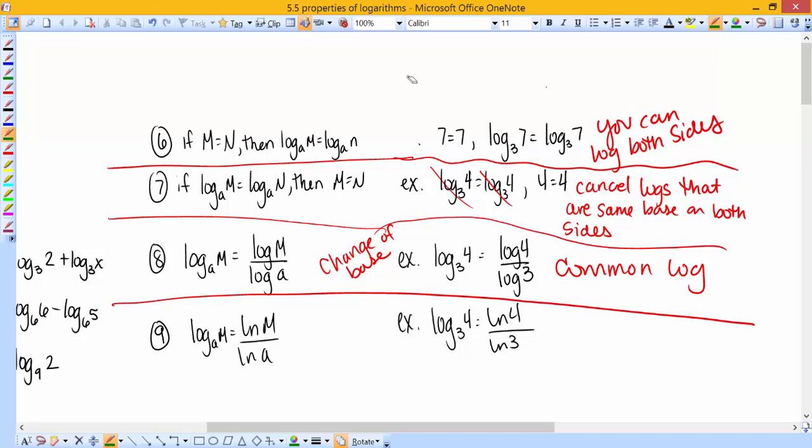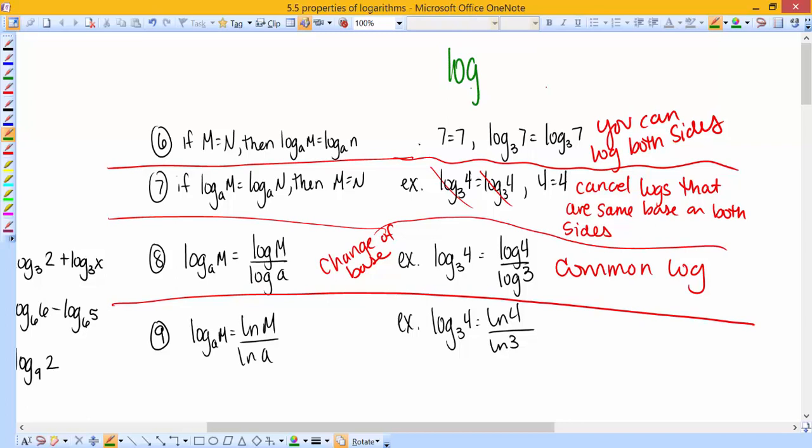Number 6, well, all of these ones are used when we're solving logs. If I have a log equals a log and they have the exact same base, which is the a here, you can cancel them. They're gone. So log of 3 equals a log of 3, they are out of here.